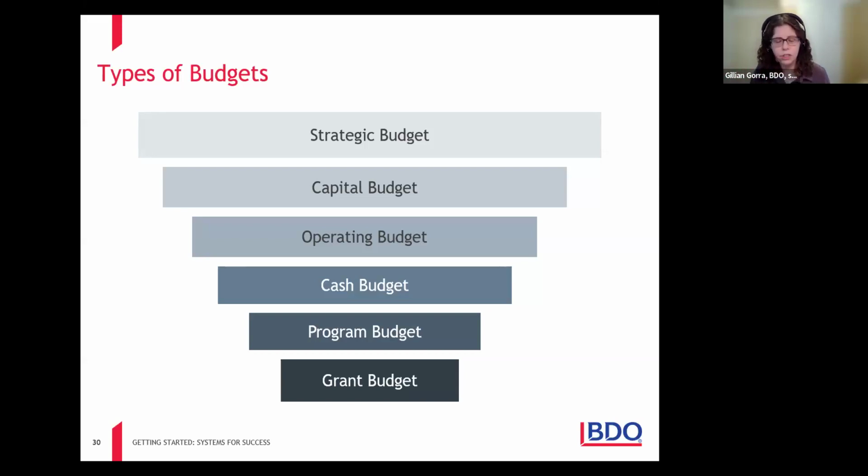A capital budget has to do with our fixed assets, the building that we're maintaining, the equipment that we might need to replace. Often, these things are not part of our day-to-day work, and it's easy to not think about it in our annual year-to-year planning. All of a sudden, even if we're renting a space, let's say we are responsible for maintaining certain parts of it, all of a sudden the air conditioning breaks.